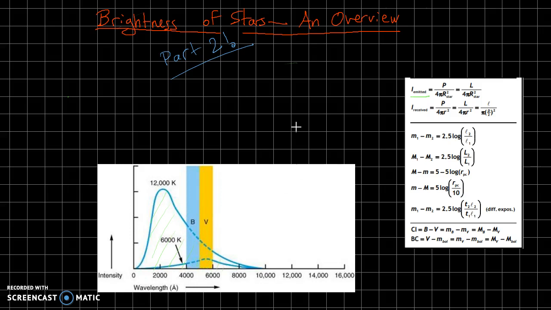Of course, when we look at a star, which is a black body, with our eyes, we're only seeing a small fraction of that light. We're only looking at wavelengths around 500, 550 nanometers and adjacent wavelengths. If we look at a star with a telescope, the same thing happens.